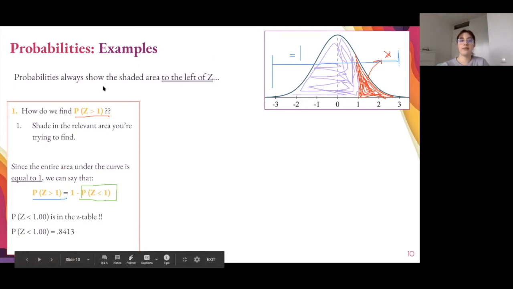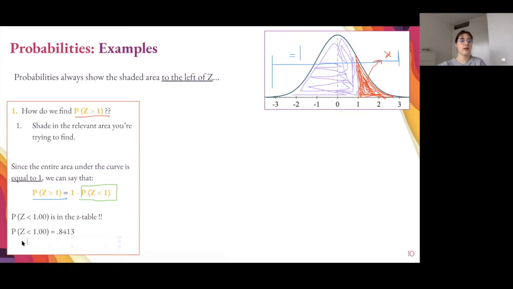So now that we've looked in the z-table and found this, all we need to do is say that the probability that z is greater than 1, which is what we were given in the first place, is the same thing as 1 minus 0.8413, which means that the probability that z is greater than 1 is equal to 0.1587.